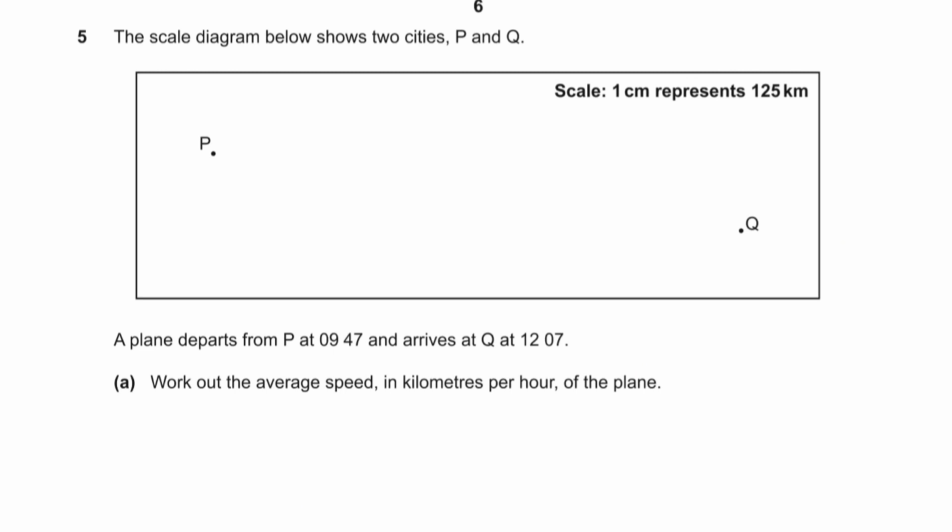Question number 5. The scale diagram below shows two cities, P and Q. And we've got the scale 1 centimetre represents 125 kilometres. The plane departs from P at 9:47 and arrives at Q at 12:07. Part A, we have to work out the average speed in kilometres per hour of the plane.